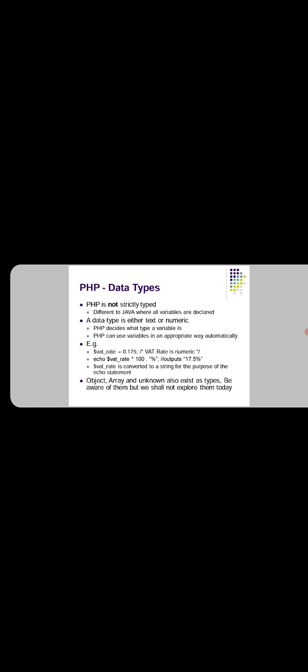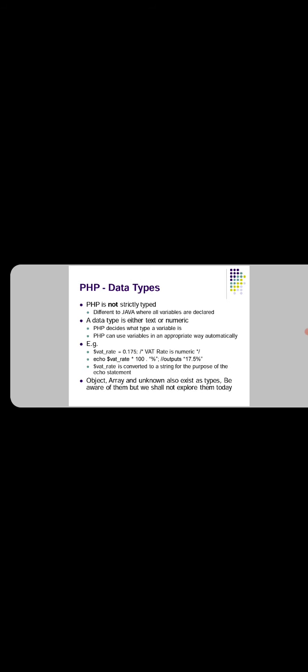A data type is either text or numeric. Generally PHP data types are either text or numeric types. PHP decides what type a variable is. PHP decides which type of data is stored in which variable, and can use variables in an appropriate way automatically.